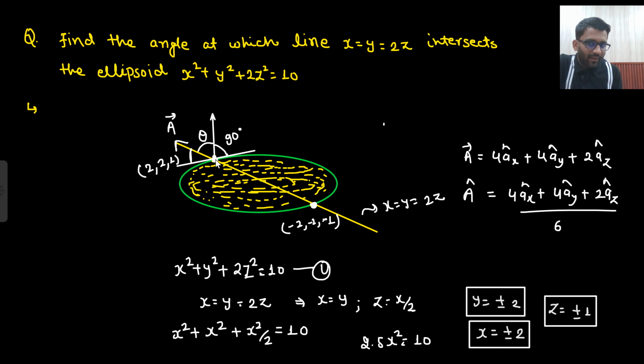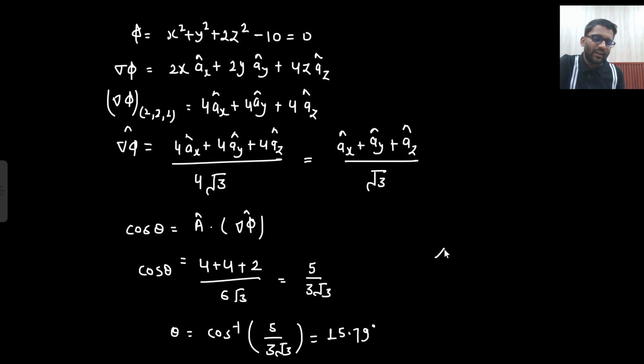And what is your plane? If you need to find the plane, that means you need to take the tangent here. So this angle I need. So alpha plus theta, I know that is 90 degree. So my alpha will be equal to 90 minus 15.79, so 74.21 degree. So that would be the answer.